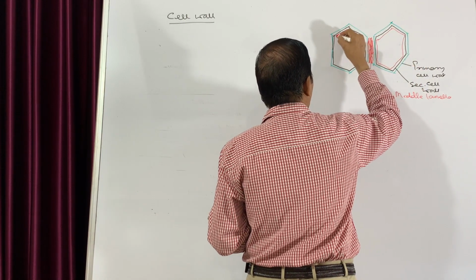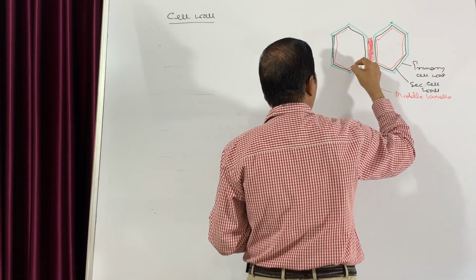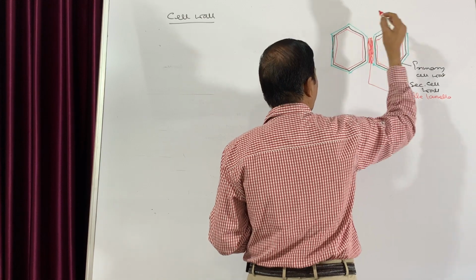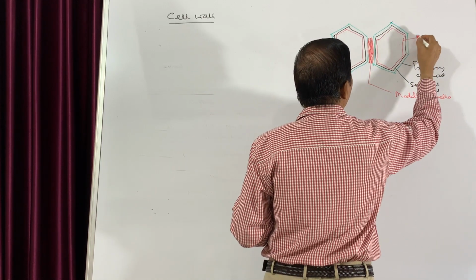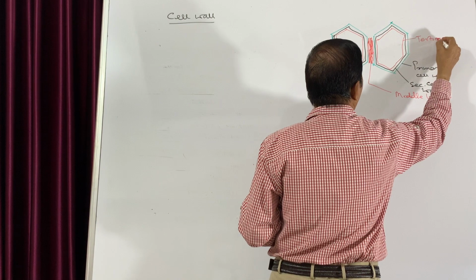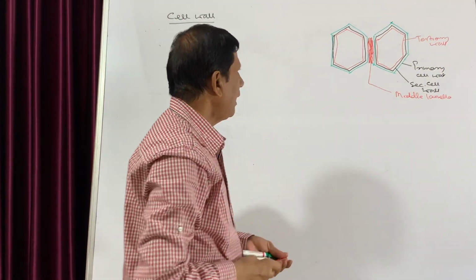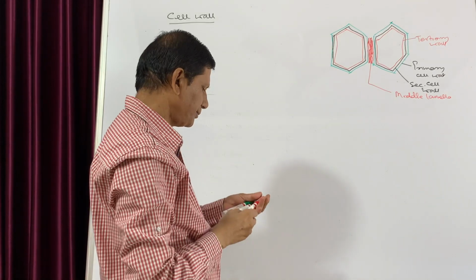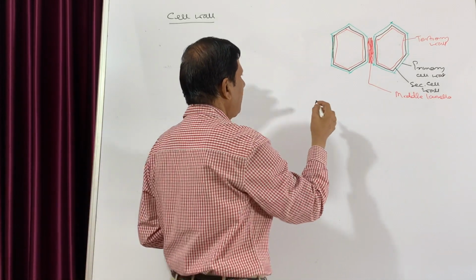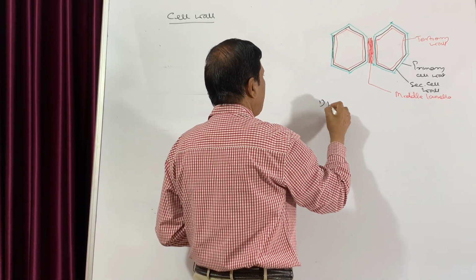In that case, that will be known as the tertiary wall, but it is very rare. Now we will discuss one by one. And the first one is the middle lamella.